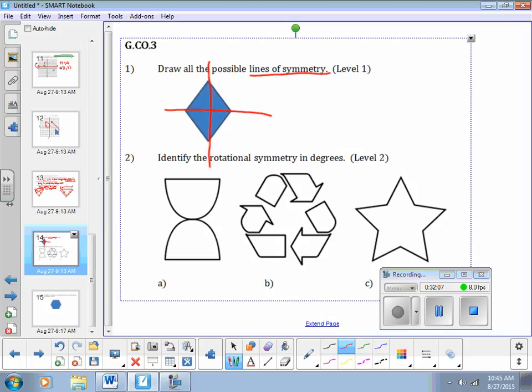No. If you have to move the figure 360 degrees before it matches itself again, that does not have rotational symmetry. It has to match somewhere before you get to the 360 degree rotation, whether it's 10 degrees, 180 degrees, or whatever.